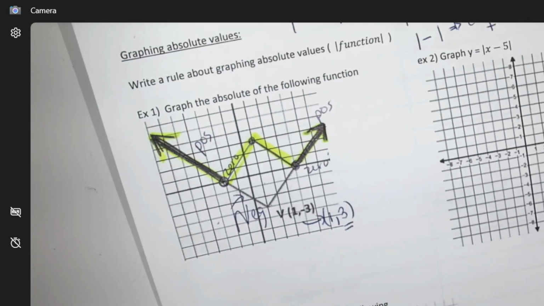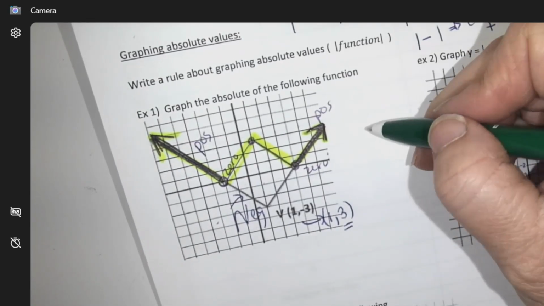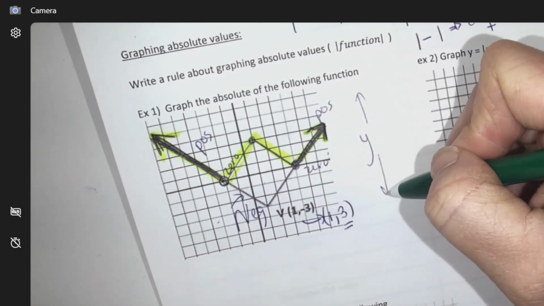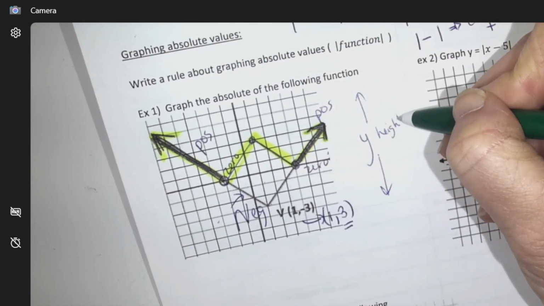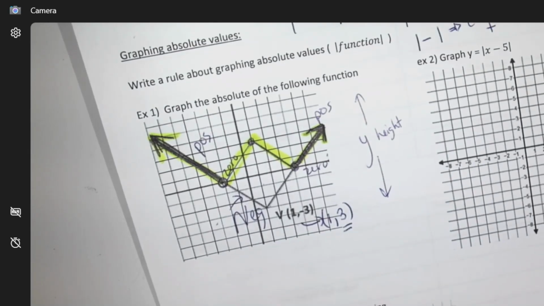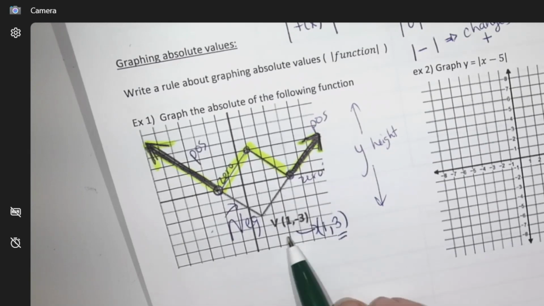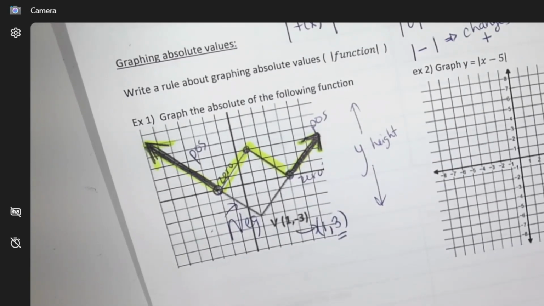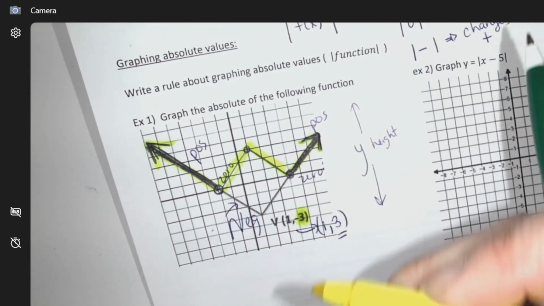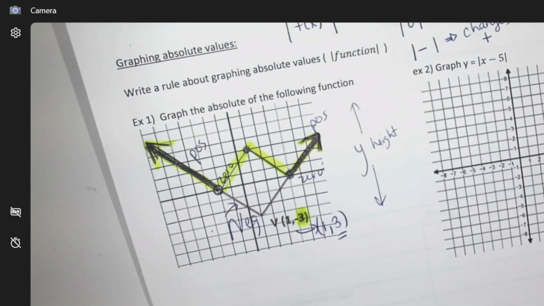Isn't all that the x-axis now? The y-axis, so we're talking about the heights like that. Yeah, but isn't 1 the x? 1 is x and negative 3 is the y. So we're changing the heights of the graph.